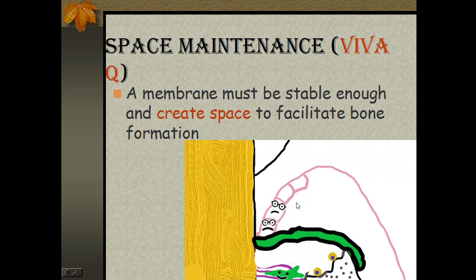Space maintenance. A membrane must be stable enough to create space to facilitate bone formation. If we place the membrane, it should maintain the space for the periodontal ligament and for other tissues to proliferate. So this is space maintenance.